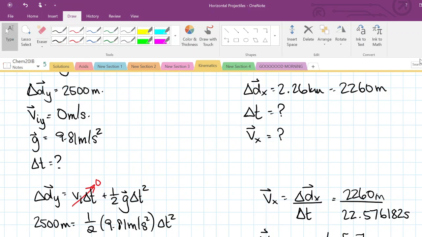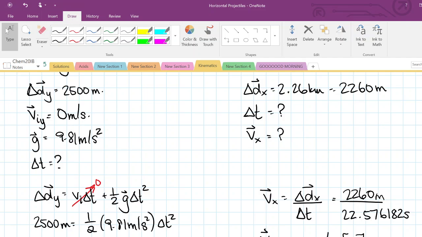The displacement is 2.26 kilometers. I don't need to, but I change this into meters. So I've got 2,260 meters divided by 22.576182 seconds, and this gives me 100 meters per second positive.